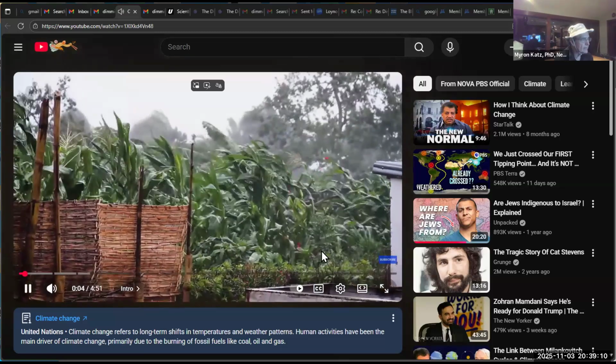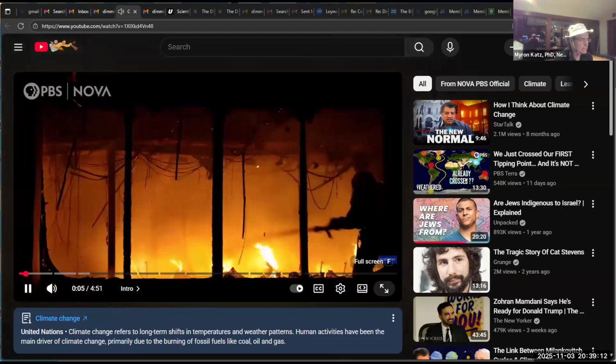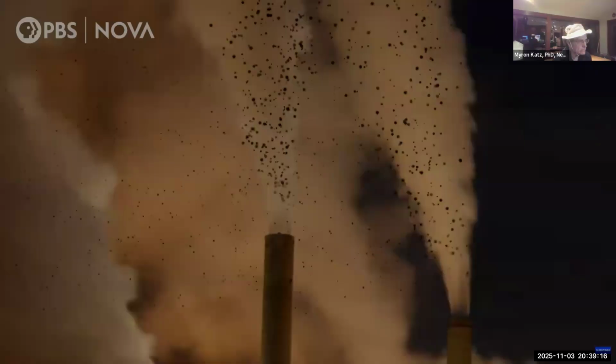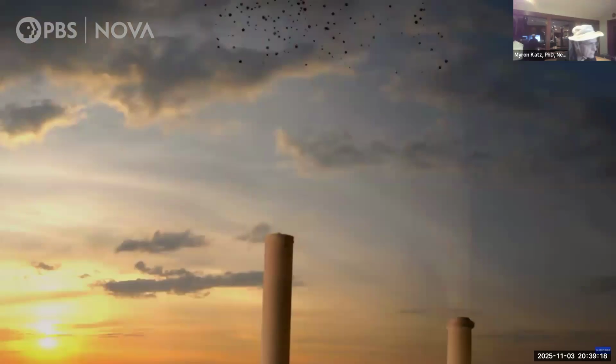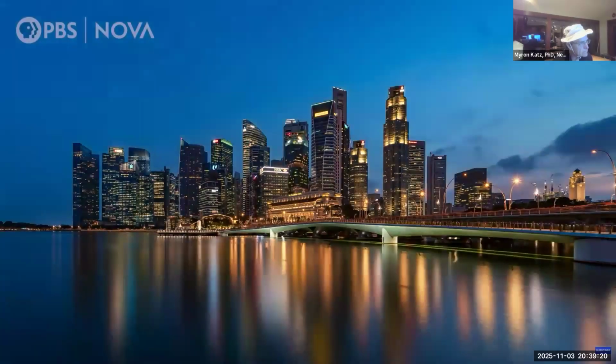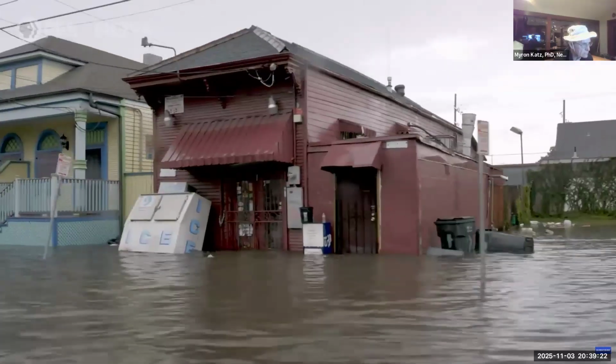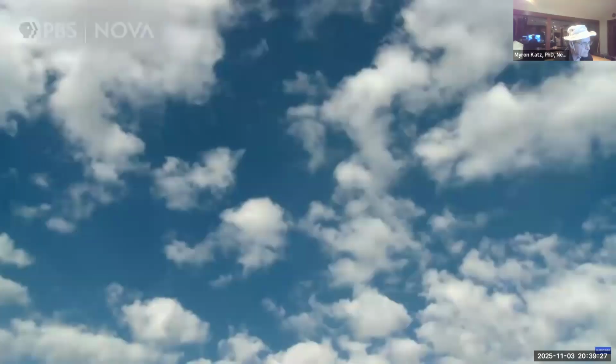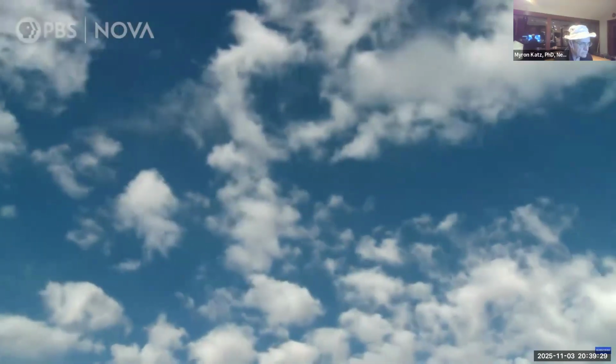Climate change. We're already feeling the effects of a warming planet. To prevent further damage from human-induced climate change, we need to cut global emissions to zero, something that may take decades. And even then, it could be too late to avoid catastrophic damage. So, is there another way?